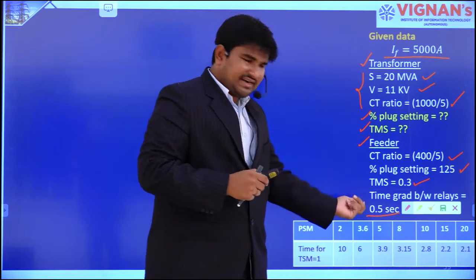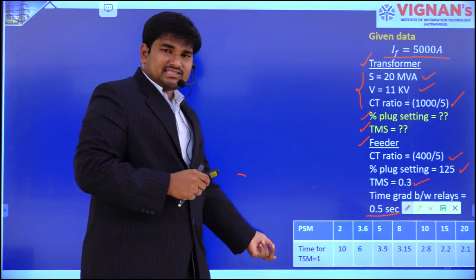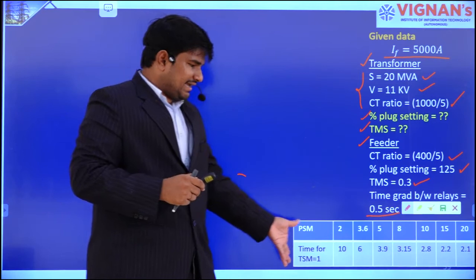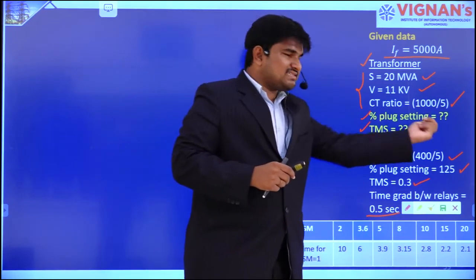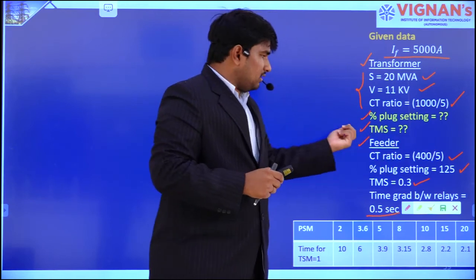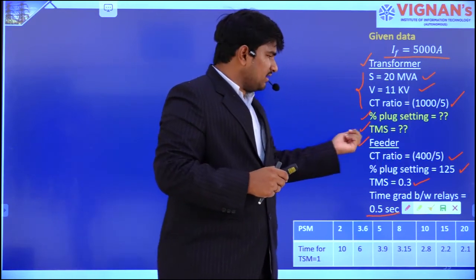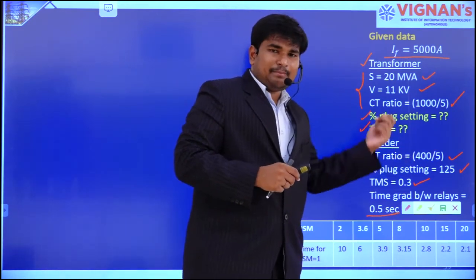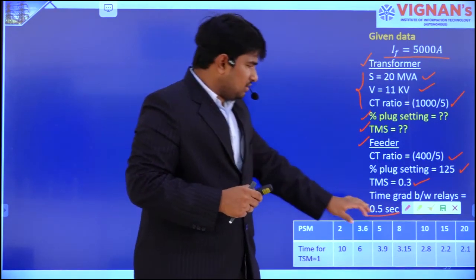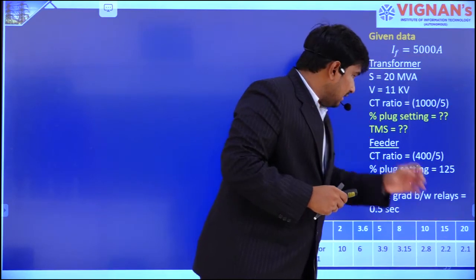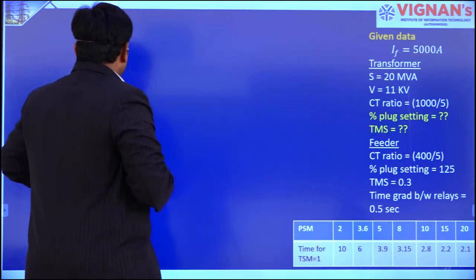So from this given data and the PSM to TMS characteristics, I need to find out the percentage plug setting of the transformer and the time multiplier setting of the transformer. I have to find. So for this, first let me find.